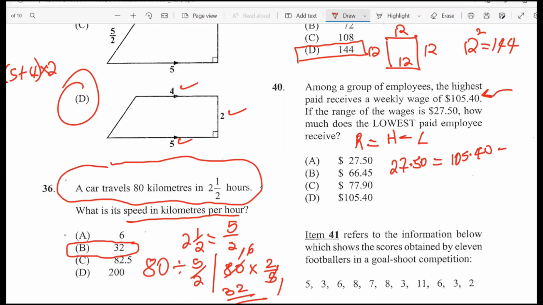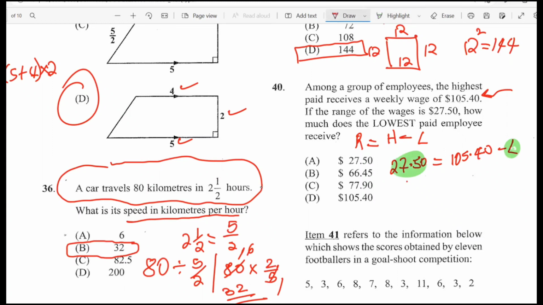So if I want to find the lowest, I could just simply transpose, meaning I would switch the L with that.